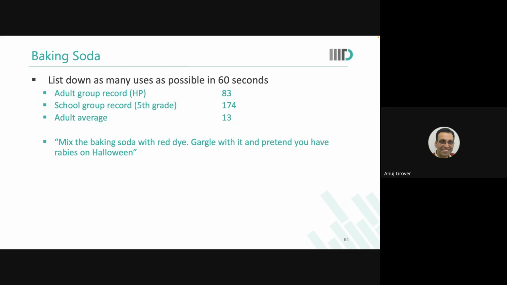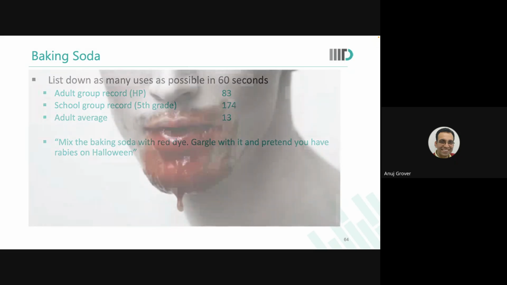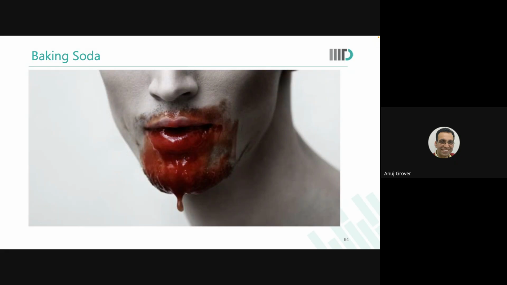And one of the ideas that they did come up with was that I will mix it in red color or red dye and gargle with it to scare people on Halloween. Now, you could not have come up with Halloween, but Holi could have been dyed and used as a holy color. Would it not be?